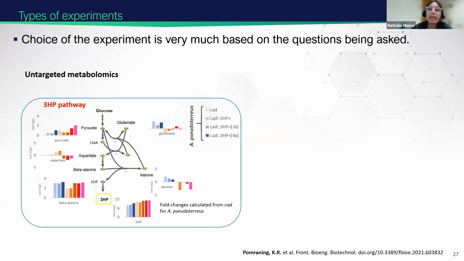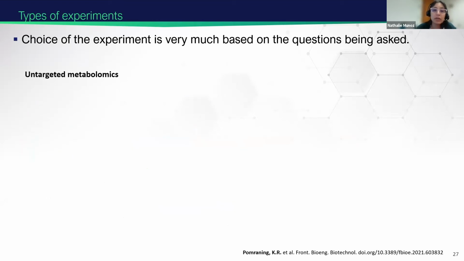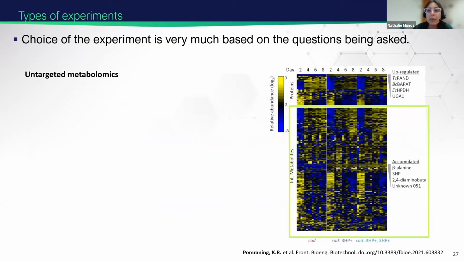When we do untargeted metabolomics, we get relative levels of the metabolites detected, metabolites that in this example are part of the modified pathways. So yes, again, we get relative levels, big areas, but we get a lot more than that. We get big areas of hundreds of identified metabolites, and we also get a lot of unknowns.